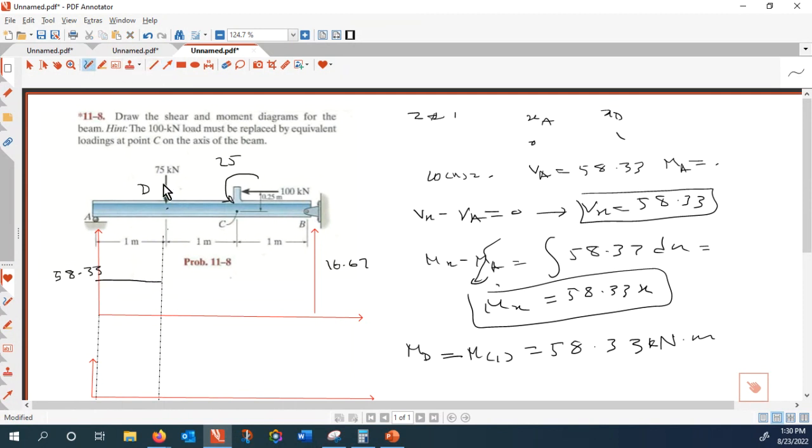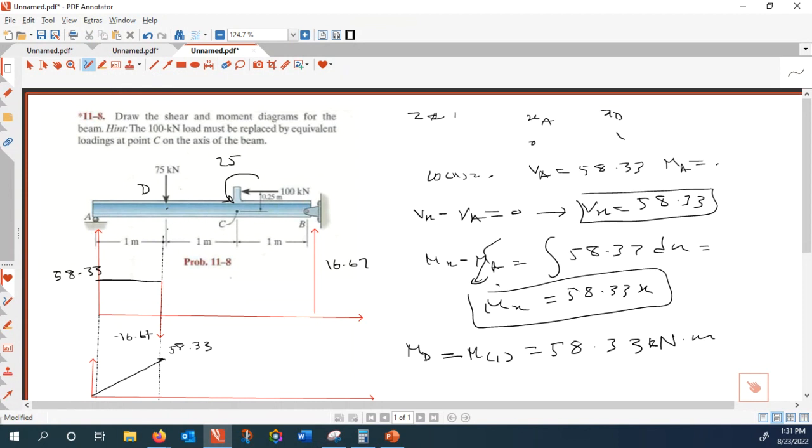So this is constant. And then from 75, if I go down, this is a discontinuity, right? So if I go down, it brings me to 58.33 minus 75, that is minus 16.67. And then the bending moment starts from 0 and it goes to a positive bending here, which is equal to 58.33.